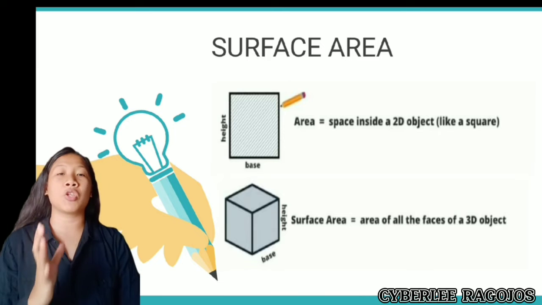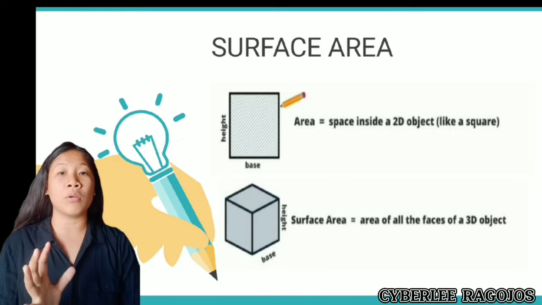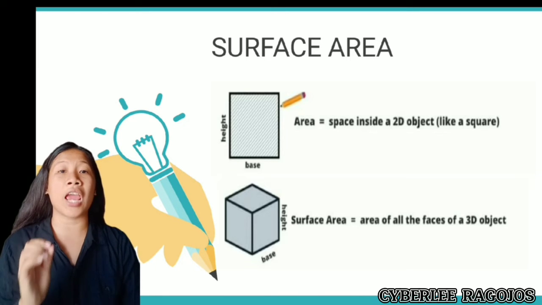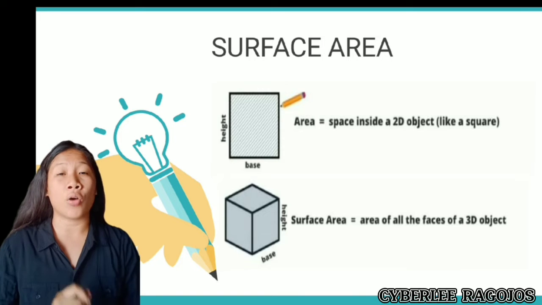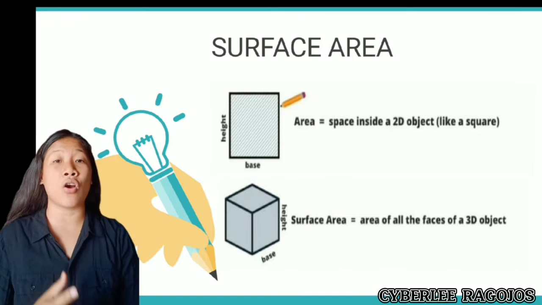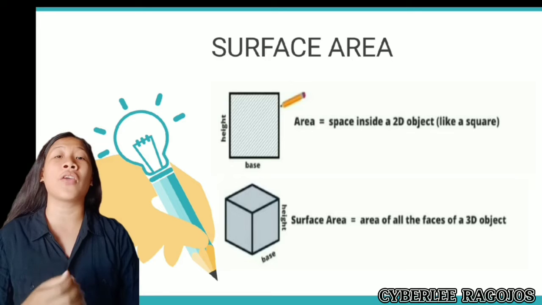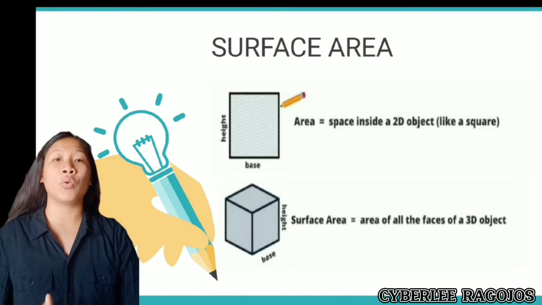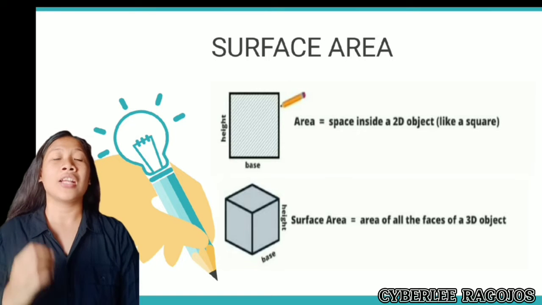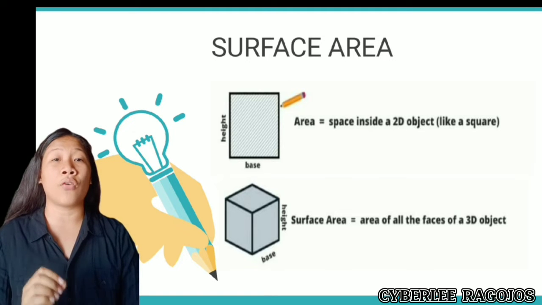So, in the next picture, as we can see, a cube. Surface area is the area of all the faces of a 3D object. If we look at a 3D object like a cube, the surface area is all the space on the outside of this 3D shape. To calculate the area, we can take a pencil and color the faces of the cube.